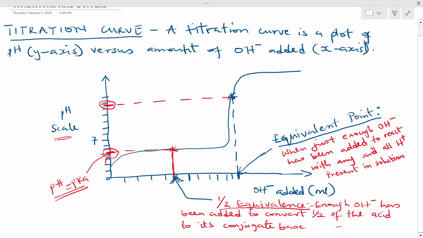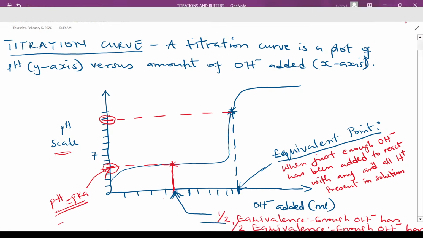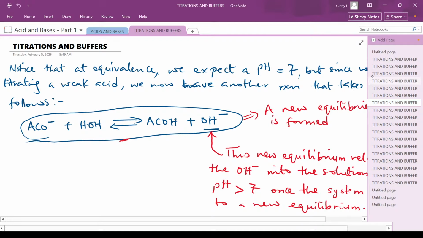That is because a new equilibrium is formed. If you have been listening to the lectures before, this will really be a revision. A new equilibrium is formed, as we can see right here.